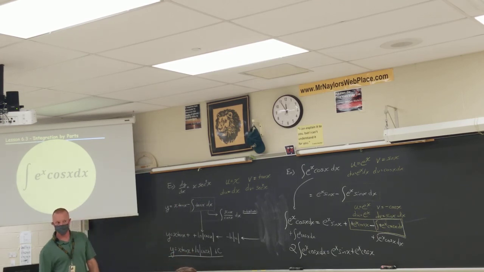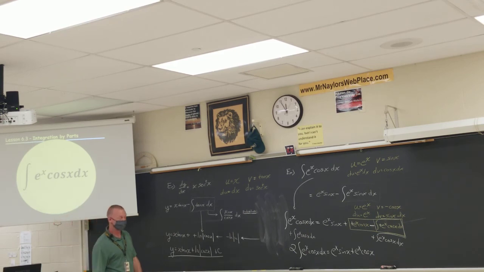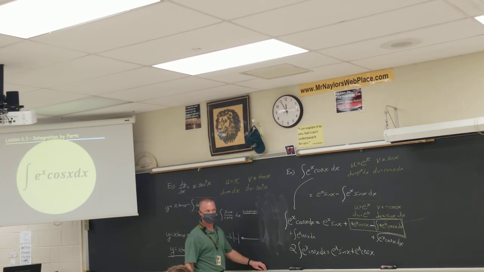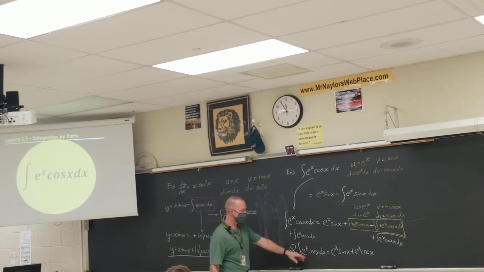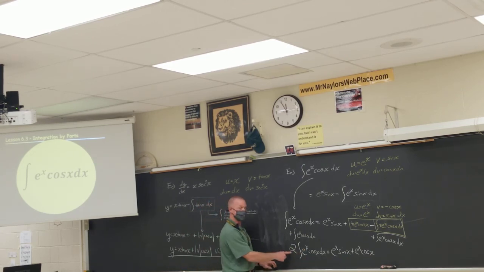By the way, we just kind of got out of the movie, we got out of the cycle, but we still have one more algebra step. Okay, we're trying to solve for the integral of e to the x cosine of x. Just get this 2 out of here. Of course, divide it.